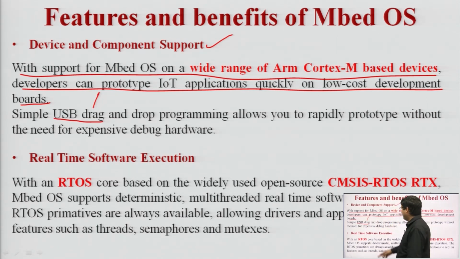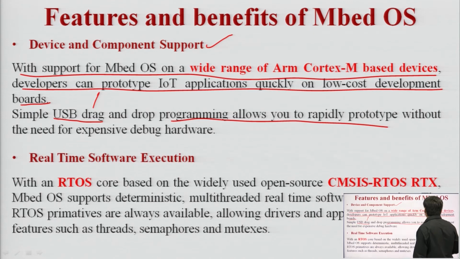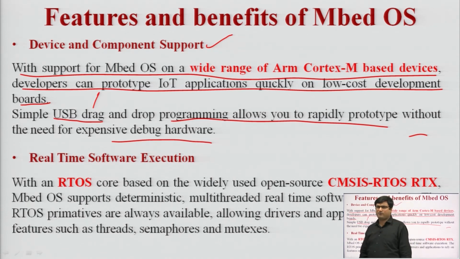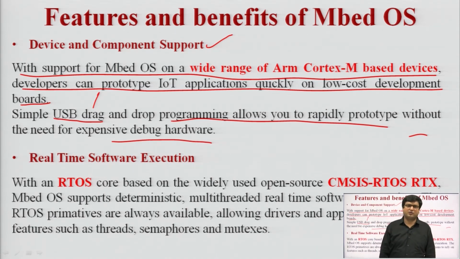Easy drag and drop programming allows you to rapidly prototype. You can easily use that USB application without the need of expensive debug hardware. So you do not need to use external debug hardware devices. It has its own debug unit, by which you can debug your program.